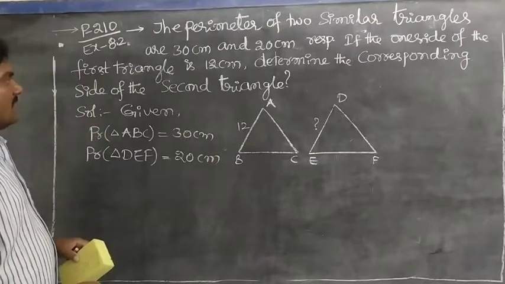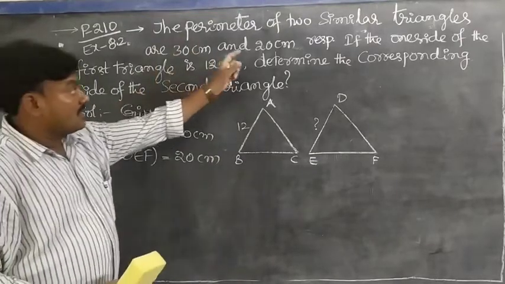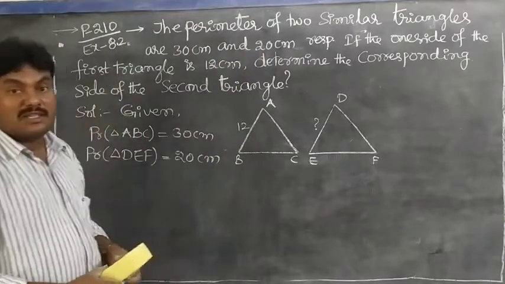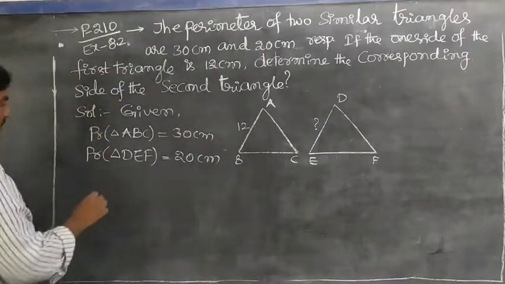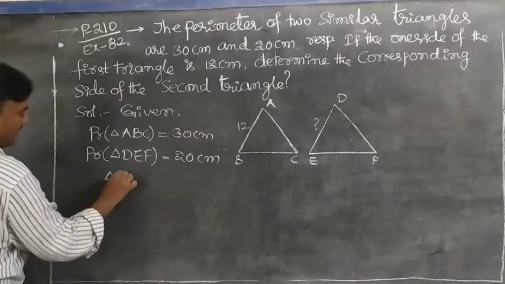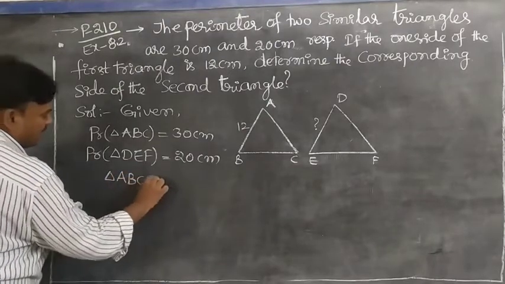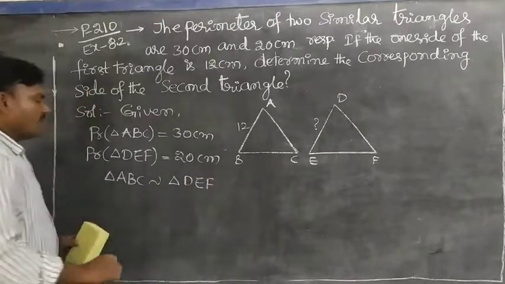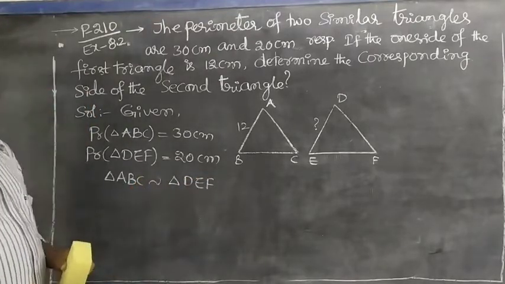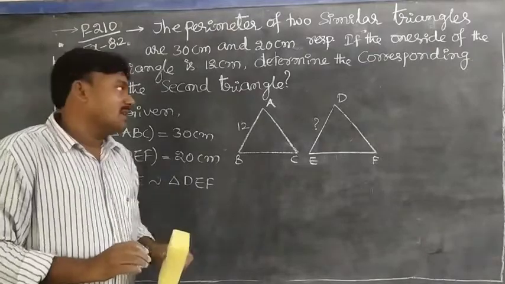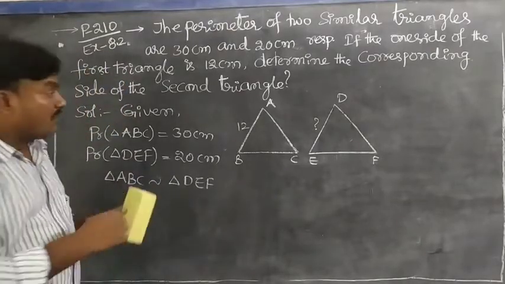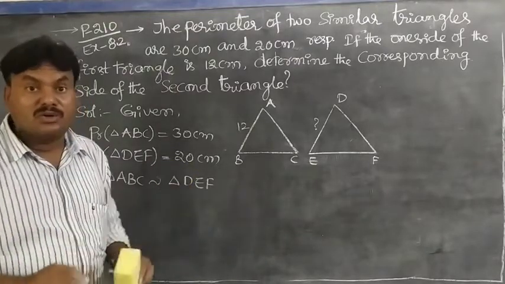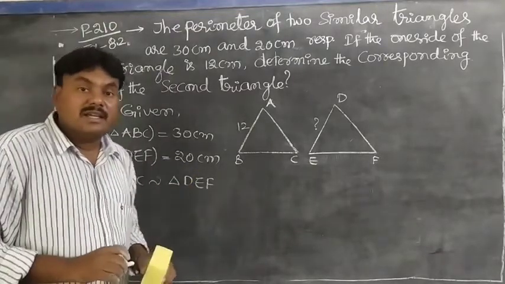Here, and also the first condition given, observe, two similar triangles. So triangle ABC is similar to triangle DEF. Both triangles being similar to each other means two conditions apply. One is that the angles are equal, but here we are finding sides, which means the sides are in the same ratio.